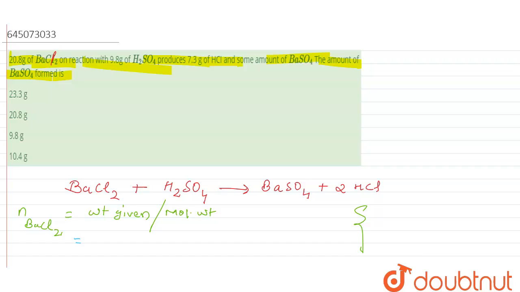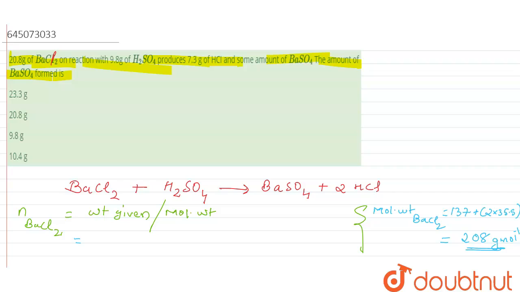So BaCl2 molecular weight. Barium is basically 137 gram per mole. Then we have 2 times 35.5, which gives the value as 208 gram per mole.